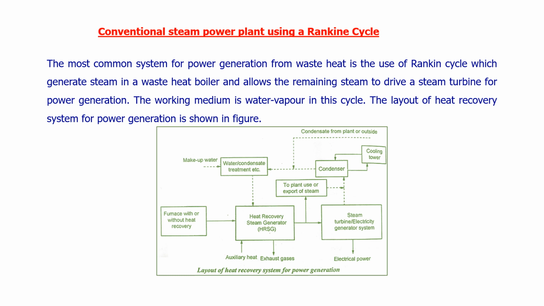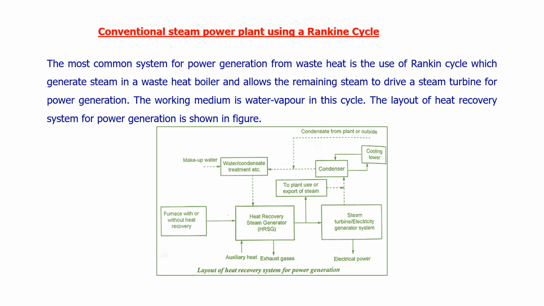The second system is the conventional steam power plant using the Rankine cycle. This is the most common power generation heat recovery, and this is the layout of how the Rankine cycle works.